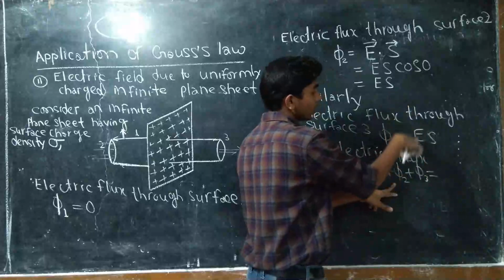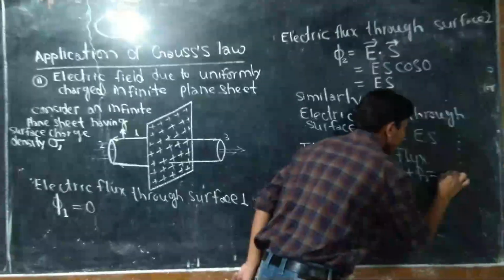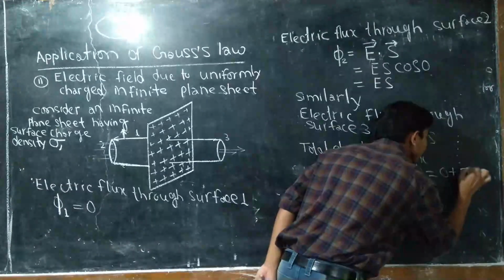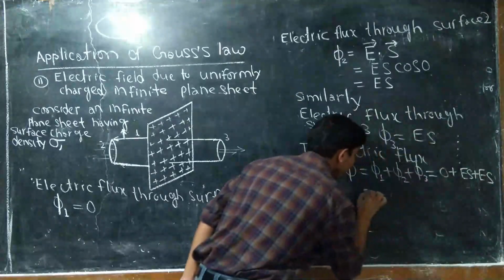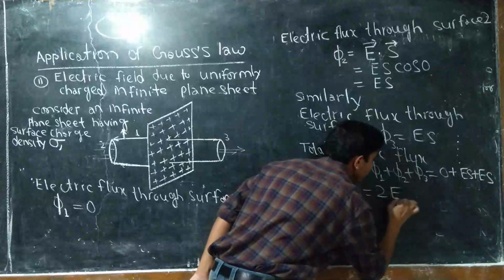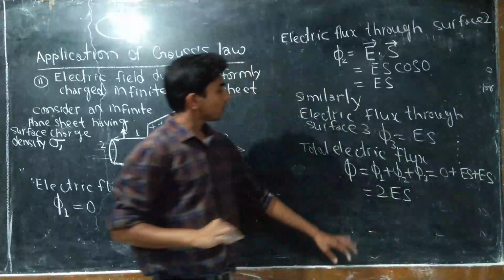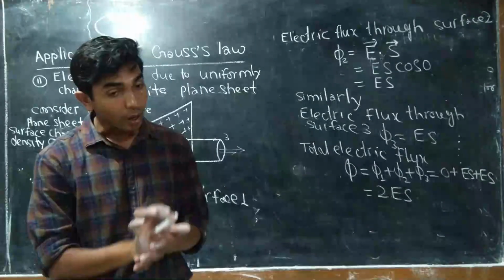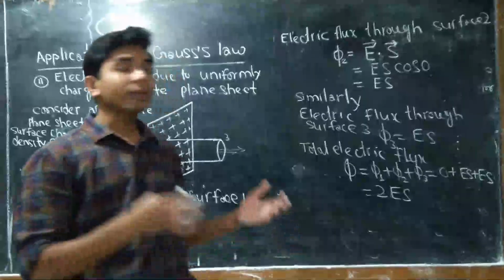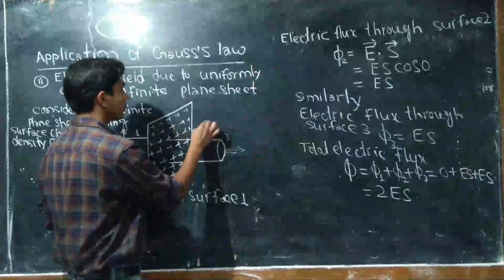This one is also ES. So 0 plus ES plus ES is 2 ES. So the total flux is 2 ES.